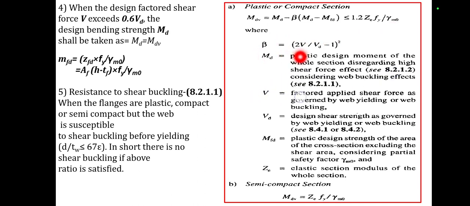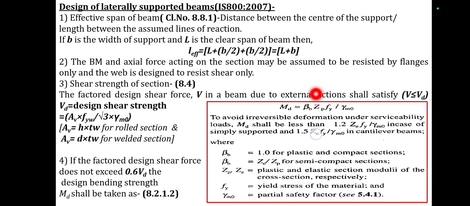Beta is equal to bracket 2V upon Vd minus 1 bracket square. Md is plastic design moment of the whole section disregarding the high shear force effect, and it is calculated by clause number 8.2.1.2, means this formula.